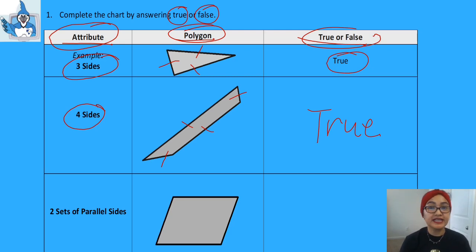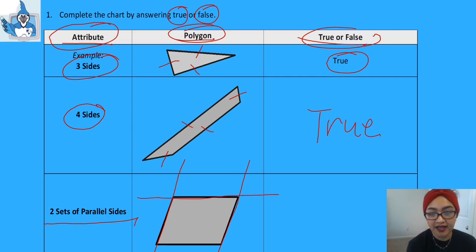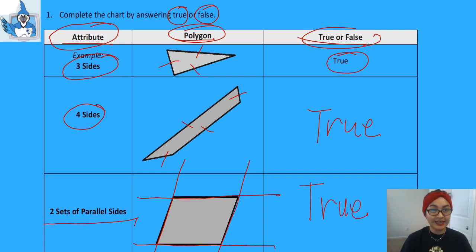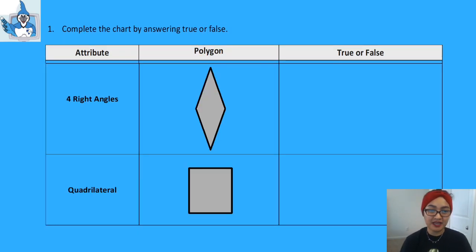The next one, it says 2 sets of parallel sides. That means 2 pairs of parallel sides. So let's see. This side is parallel to this side. That's one pair or one set. And this side is parallel to this side. And that's two pairs. Okay, so this is also true. Now let's continue. Next page.